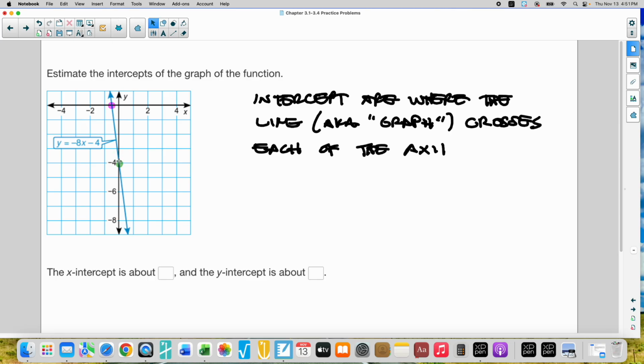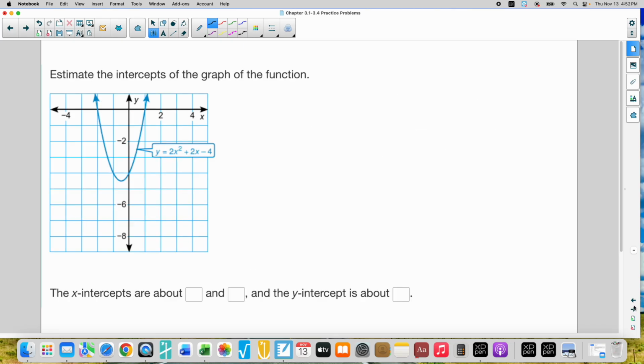So it crosses it right here. So the x-intercept is about -1/2. We want to look at the increments. Each box is worth 1. Always pay attention to the increments. And that's 1, 2, 3, -4. So the y-intercept on the y-axis, x-intercept on the x-axis.